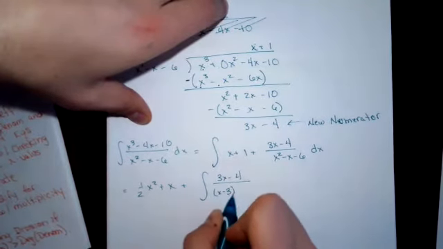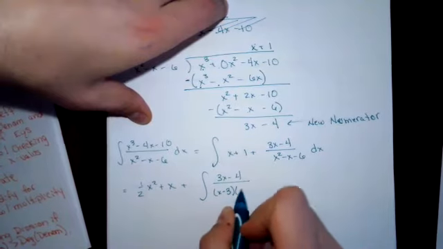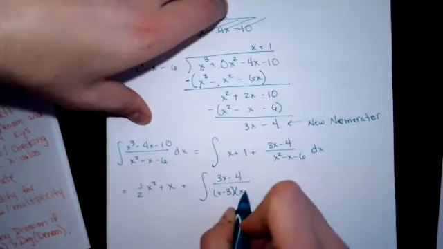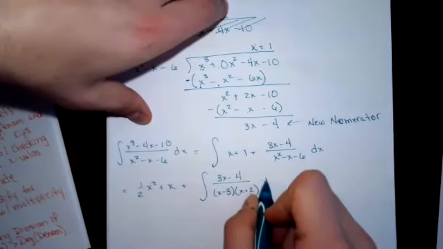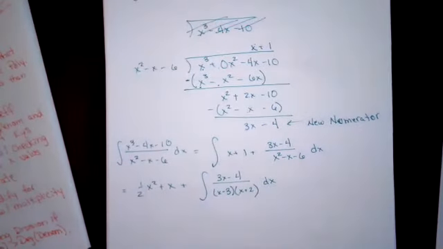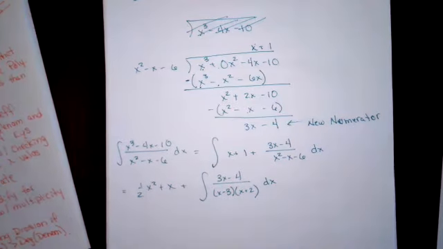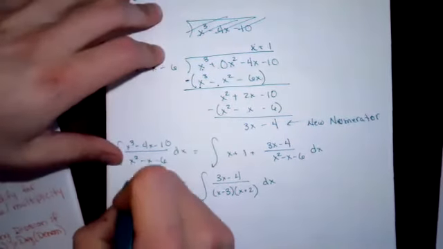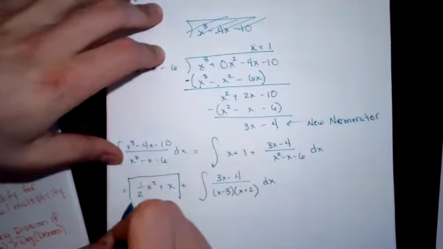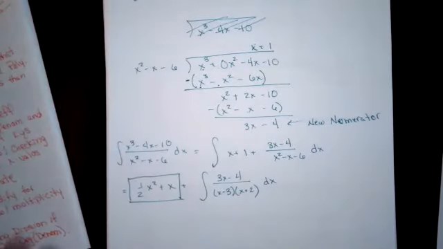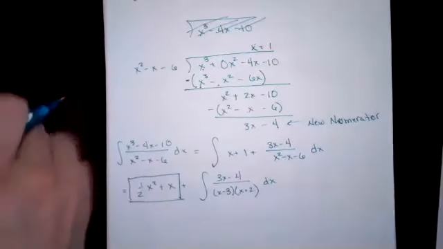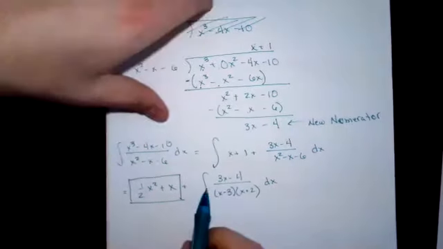Hopefully that's popping out at you guys. x minus 3, x plus 2, and then now we just have to do partial fractions on this guy. I'm going to keep this box and just remember to add it in at the end of the solution, since I don't want to keep writing that out.